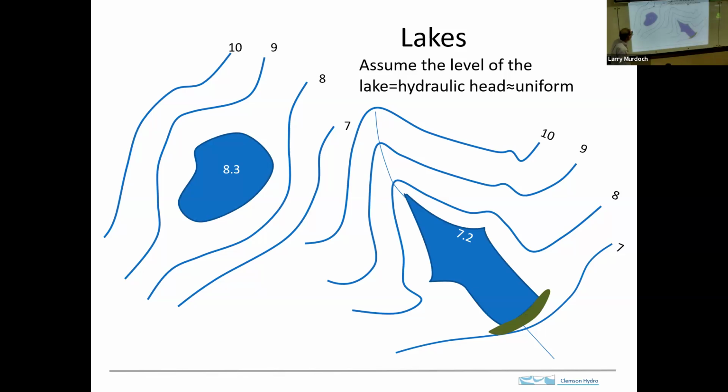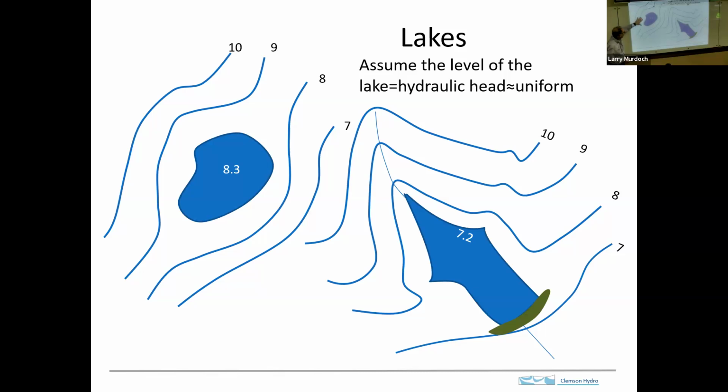So the contours are not going to intersect the lake. So this will be important when you go to draw your own contours, because you have to have them go around on one side or the other. Now, we can infer what's going on with this lake, because we see that here's the high hydraulic head and low hydraulic head.